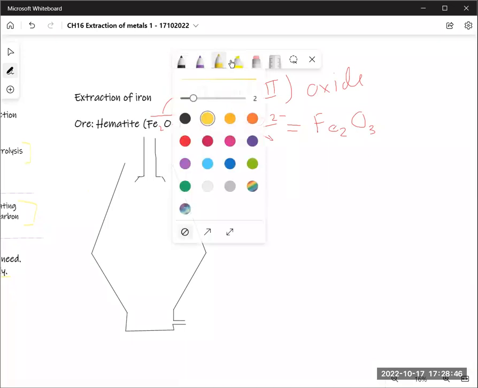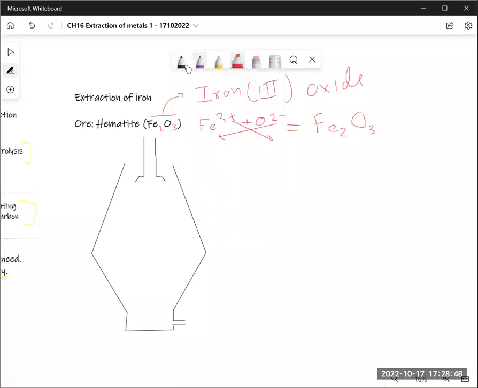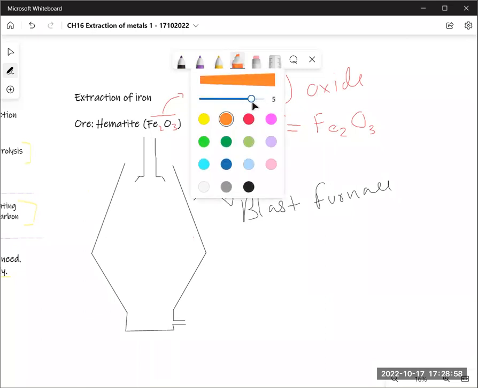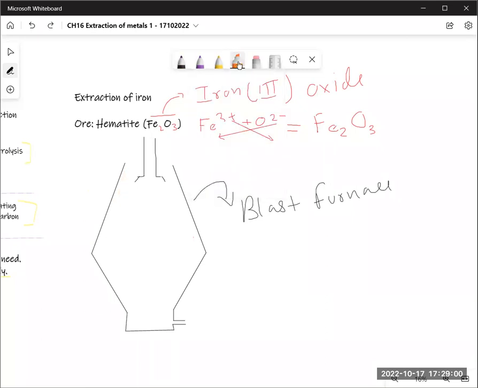And I want you to imagine a few more things here. This is called the blast furnace. It's like an oven. What is it like? Oven. Now we have this thing at the sides of these. You must have seen in the oven we have some bricks. Now in this we have magnesium oxide bricks.